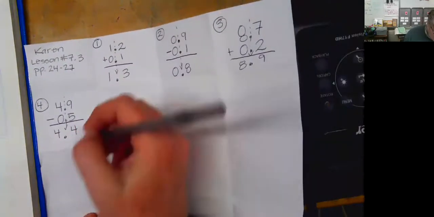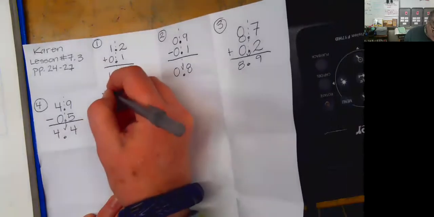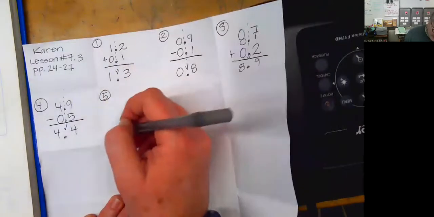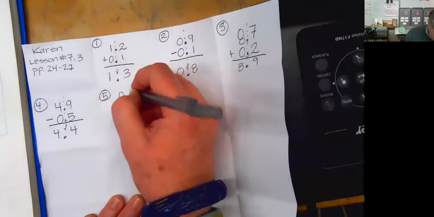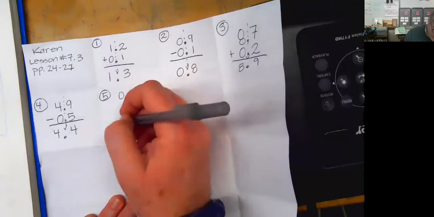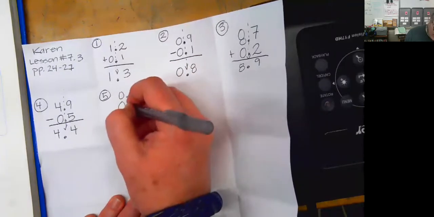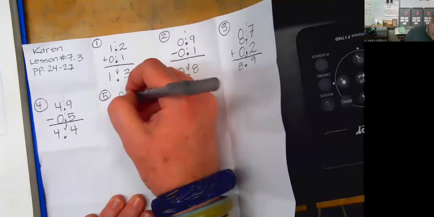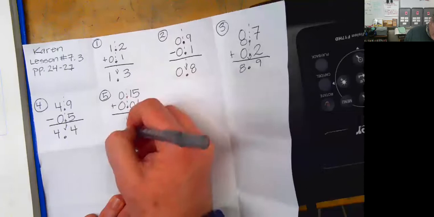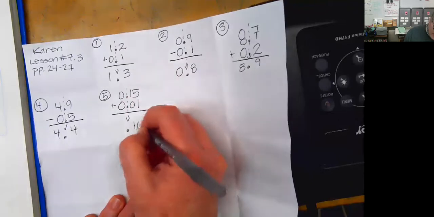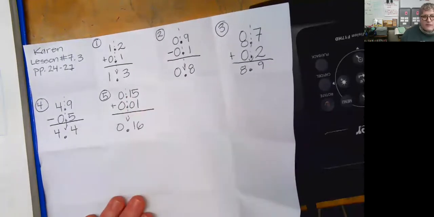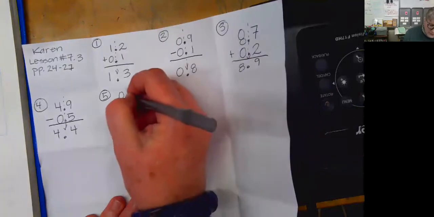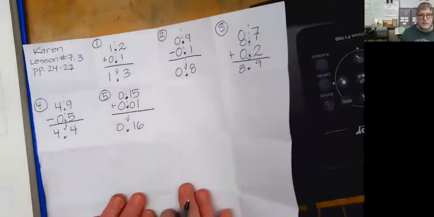Okay. Let's look at number 5. Now we're in hundredths territory. So we have 15 hundredths. It says, what number is 100th more than 15 hundredths? More means adding. So we're going to get 16 hundredths as our answer. Make these decimal points nice and big.